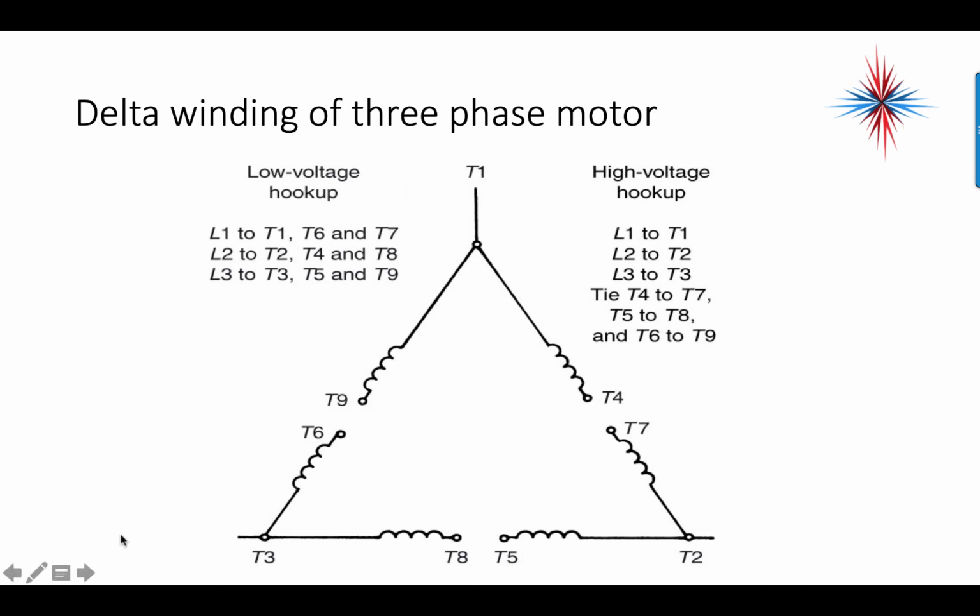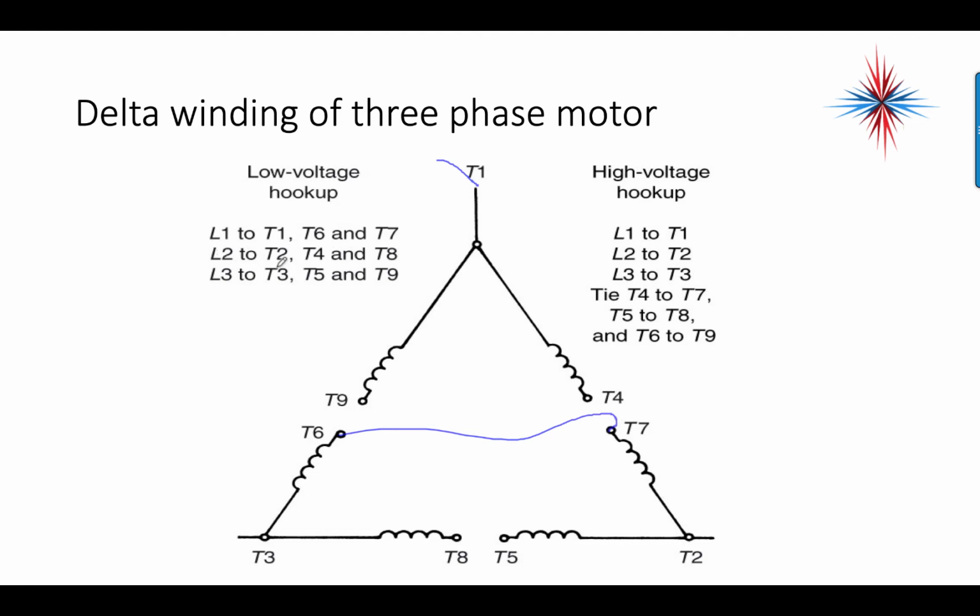And again, if I draw this out on the low voltage hookup, let's take a look at what we're doing here. I'm going to connect L1 to T1, then I'm going to connect T6 to T7.